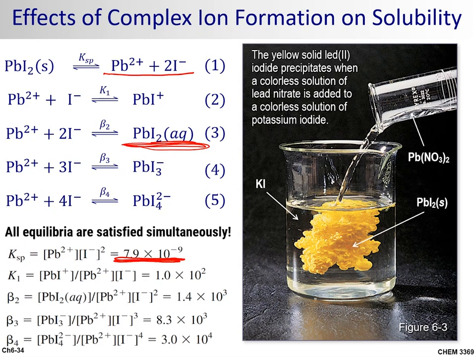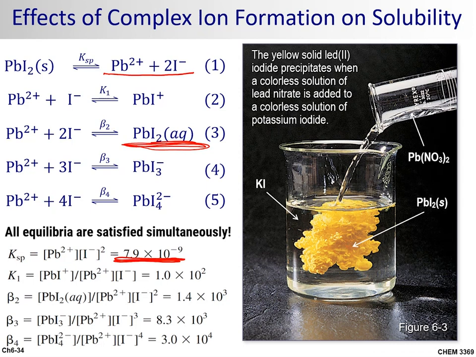Okay, so consider this. All these equilibria have to be satisfied simultaneously. So if you know the concentration of I minus iodide ions, we can calculate the concentration of Pb2+ ions, because the first equilibrium has to be obeyed, no matter what other reactions might be happening in the solution.